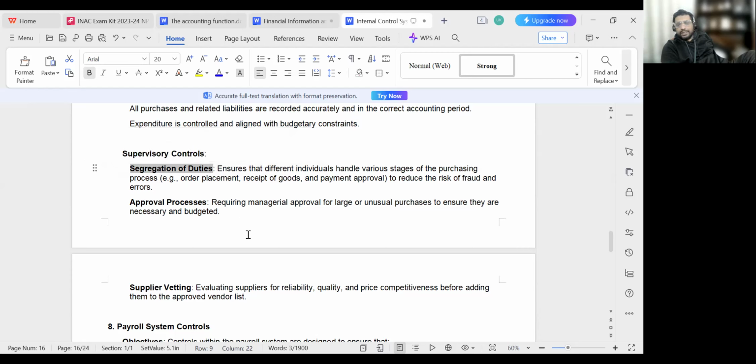And approval processes. If a certain member of staff is given a certain limit, they can purchase till that amount. If they have to make purchases beyond that, they'd have to seek approval from another person in authority, right?